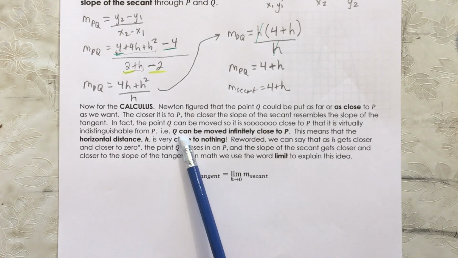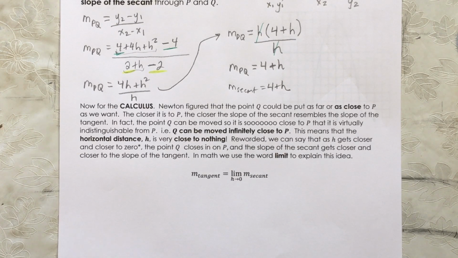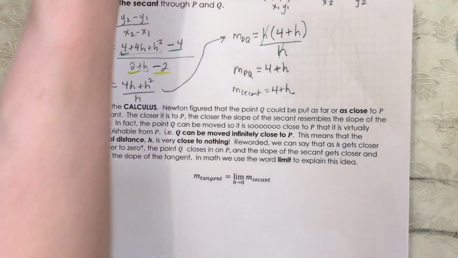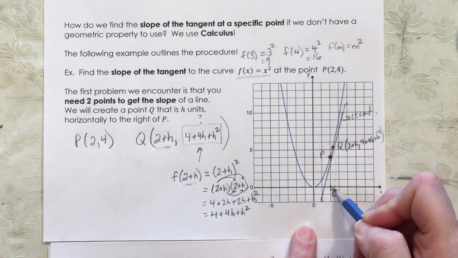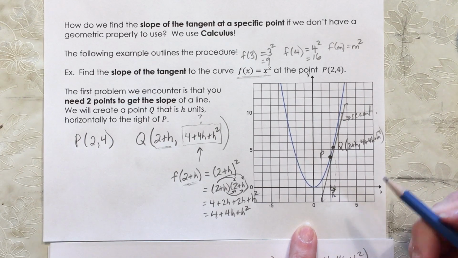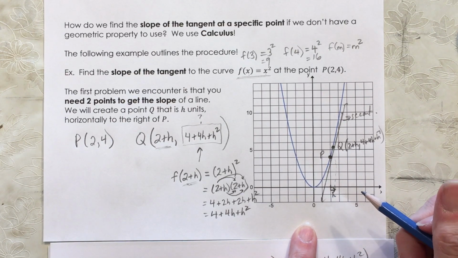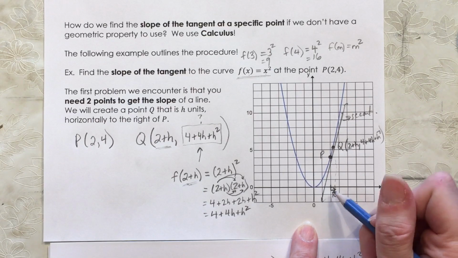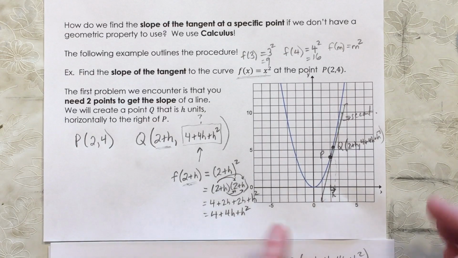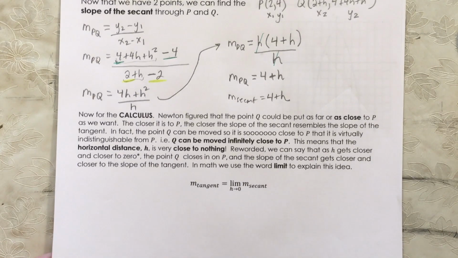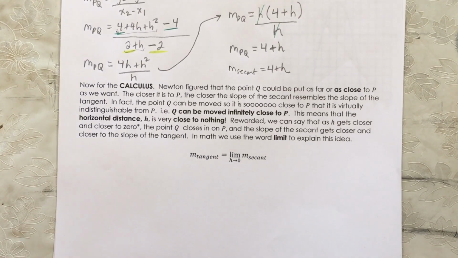I even said that here, i.e. Q can be moved infinitely close to P. This means that the horizontal distance h is very close to nothing. Okay, so if we look back at this picture here, that little horizontal distance h, we want to minimize as much as possible. We want to have it be like 0.00000000001 so that Q gets so close to P that it's practically indistinguishable from P. Okay, so this is Newton's thinking. He was a genius.